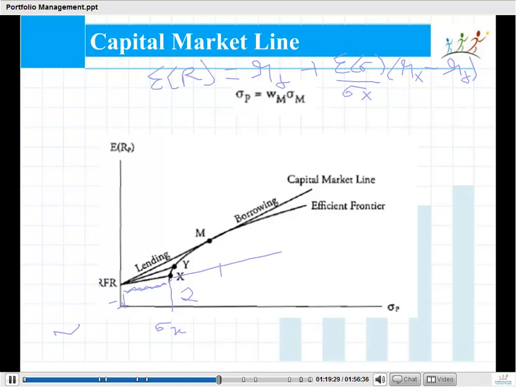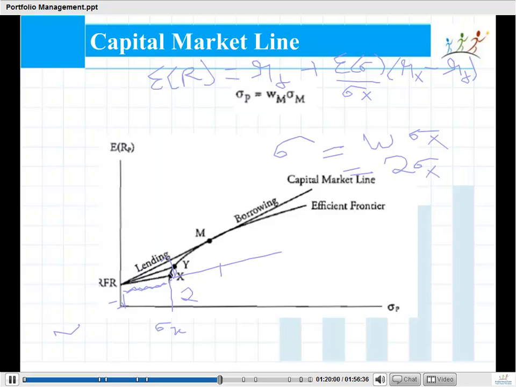If I want to increase my risk even higher than the risk of the risky asset, then what can I do? I can borrow money at the risk-free rate and invest it in the risky portfolio X, such that my risk will become even higher. My risk is equal to W times the risk of the risky portfolio, W into sigma X. If W becomes 2, that is, I put twice the weight in the risky asset, this will become 2 sigma x.